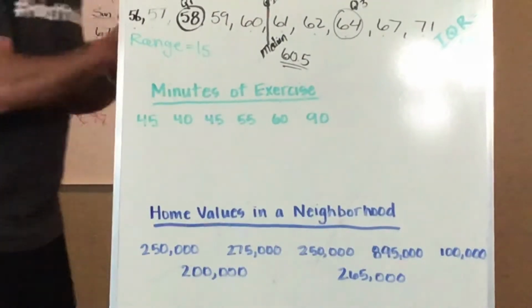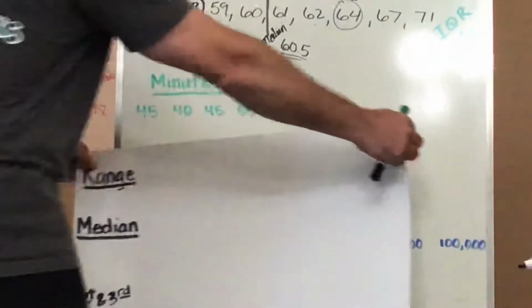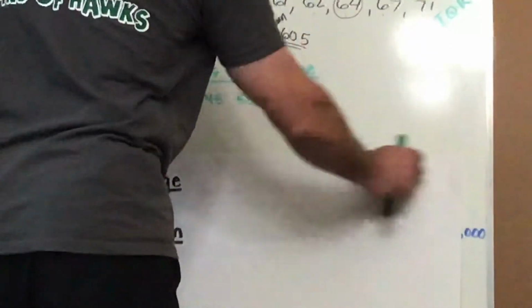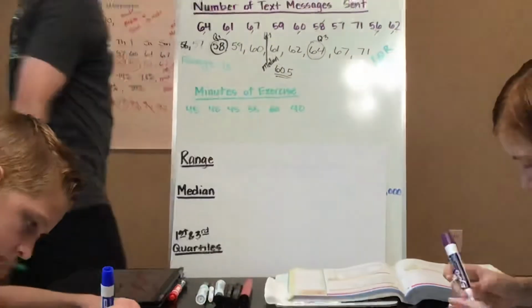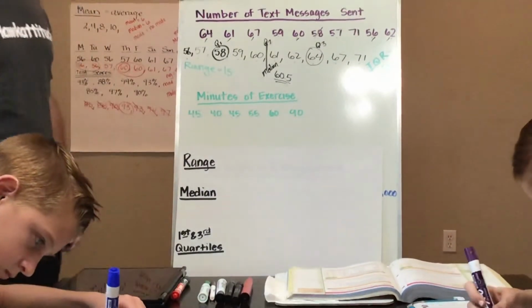I'm going to do it like this so you can remember what you're looking for while we do this here. You're trying to find all 5 of these things.